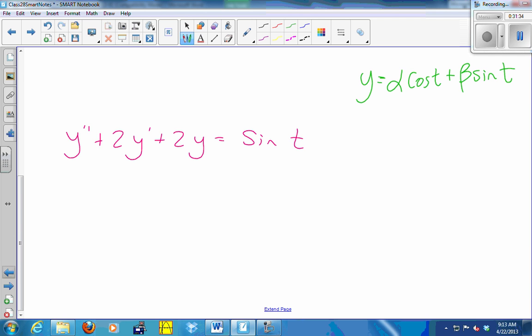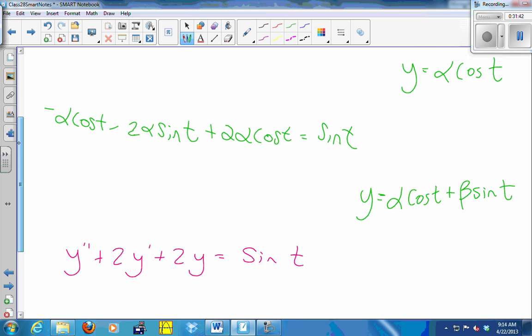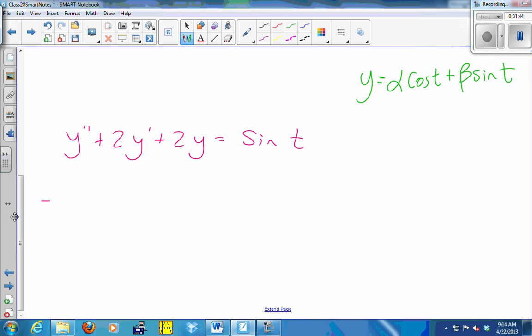Okay, so y double prime: alpha cosine, y double prime we said was negative alpha cosine, plus the beta sine.